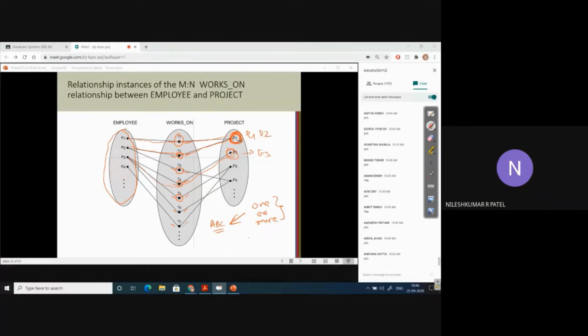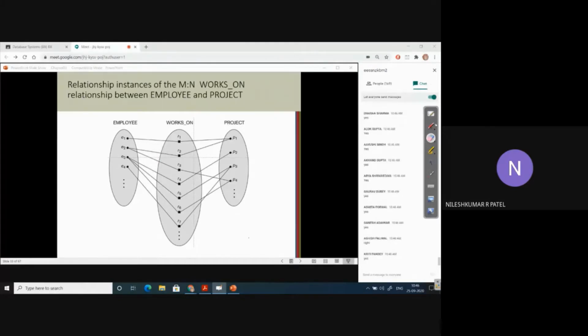So how many employees are working on a particular project? Many employees are working on a single project. And on how many projects does an employee work? What is your answer? According to the requirement analysis, the data we received from the requirement team, an employee may work on multiple projects.